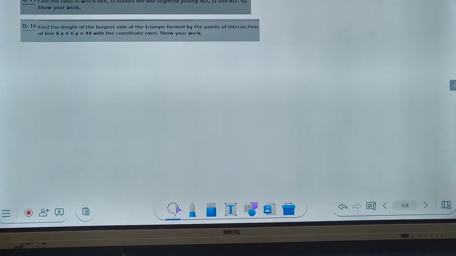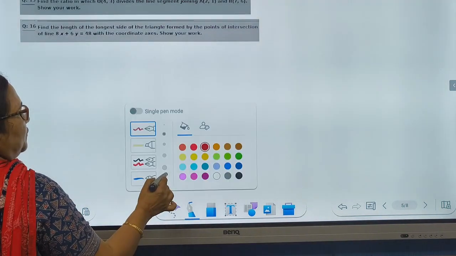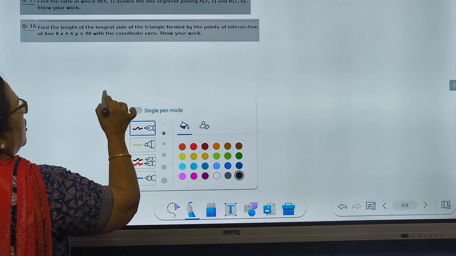Now, you have to find the length of the longest side of the triangle, which is formed by the points of intersection of the line 8x plus 6y equal to 48. So first let me draw the axis.